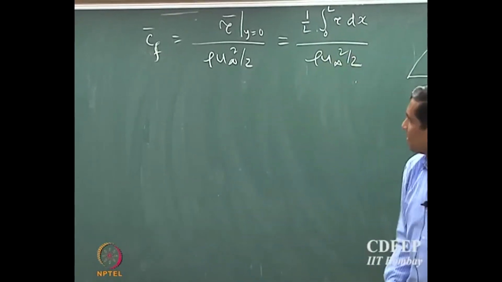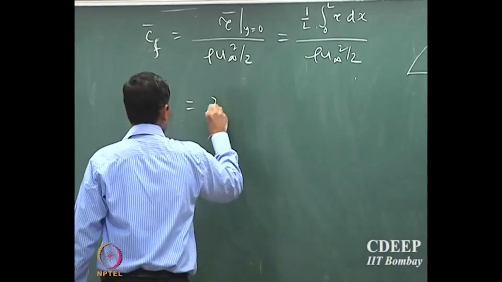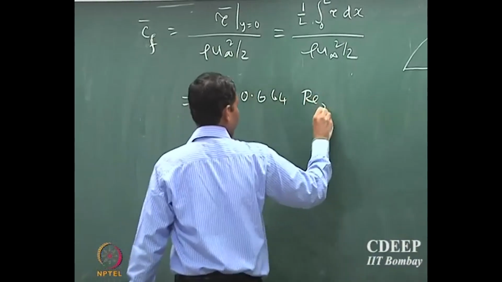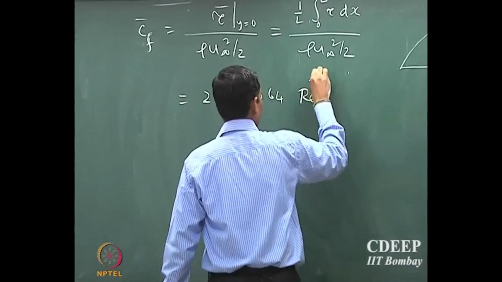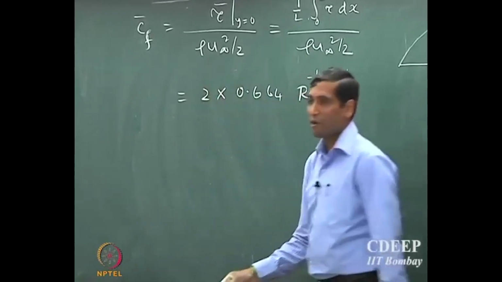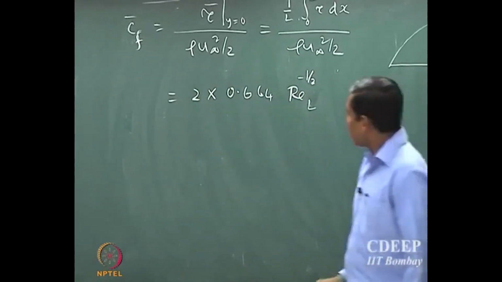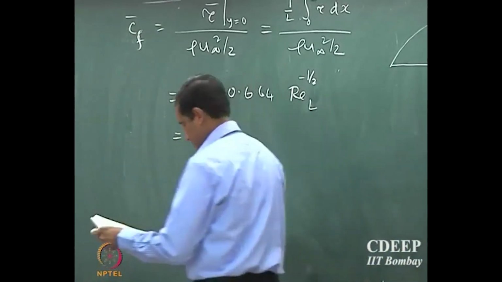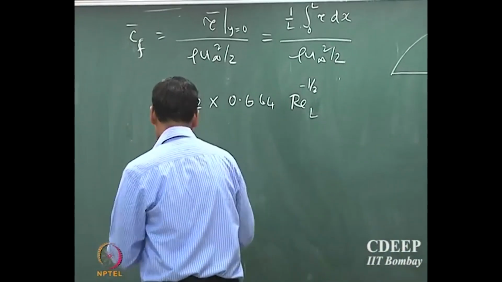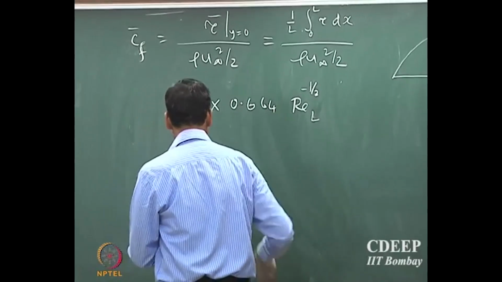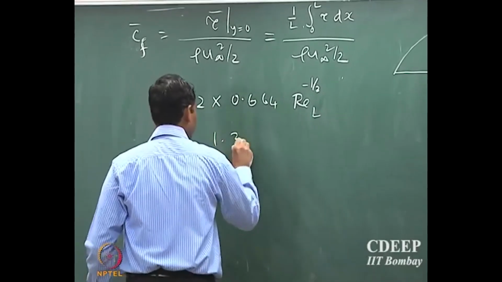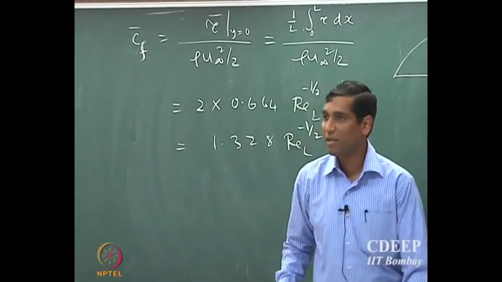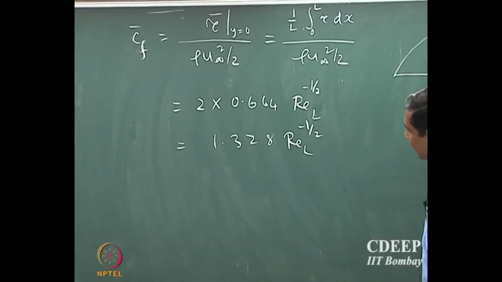So that will be 2 times 0.664 into Reynolds number based on the length to the power of minus 1 by 2, and so that will be 1.328 Reynolds number to the power of minus 1 by 2. Okay, so that's interesting.